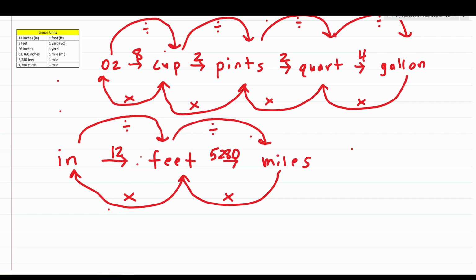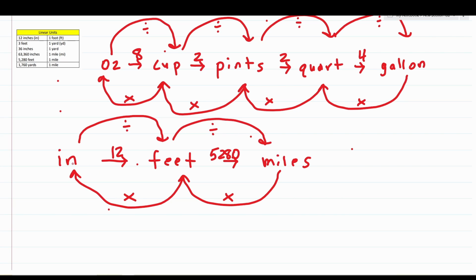All right, so before I move on to some very simple practice questions, I want to point this out. What is the benefit of showing you these conversions like this? Well, here's the biggest benefit. Let's say you had to convert from inches to miles. If you write this out, it tells you all the steps to follow to make that conversion.